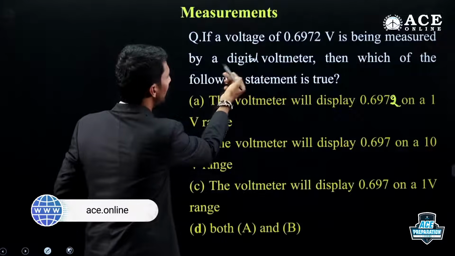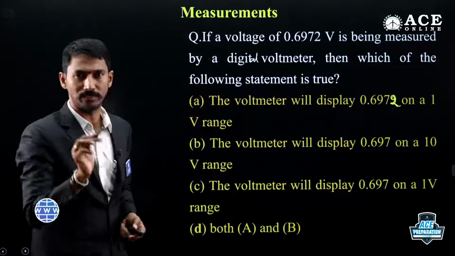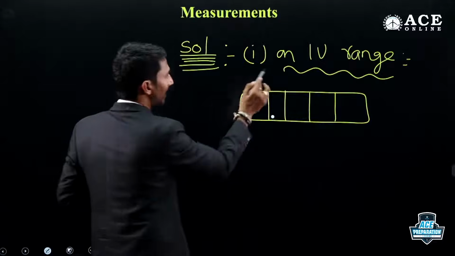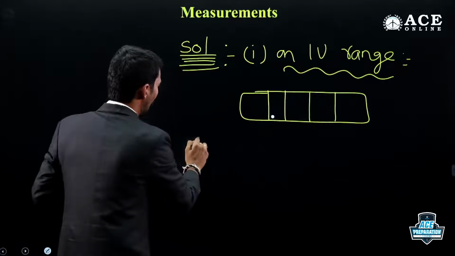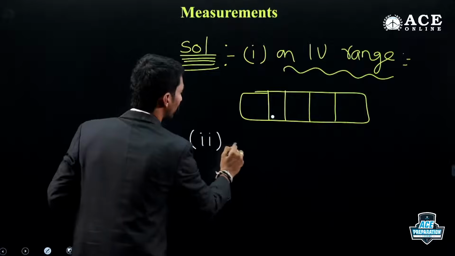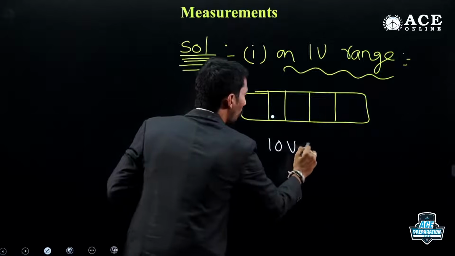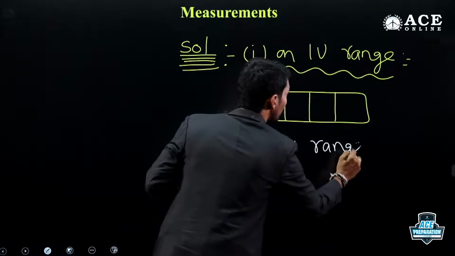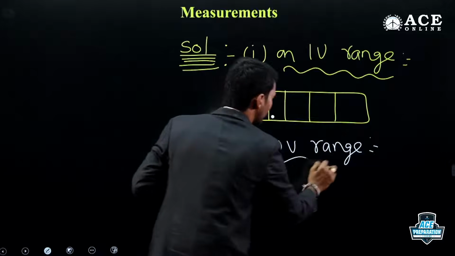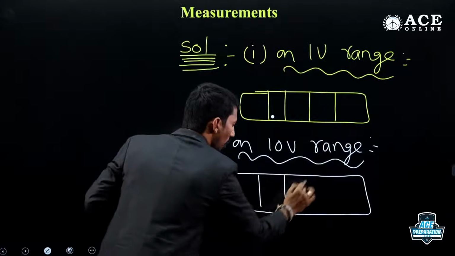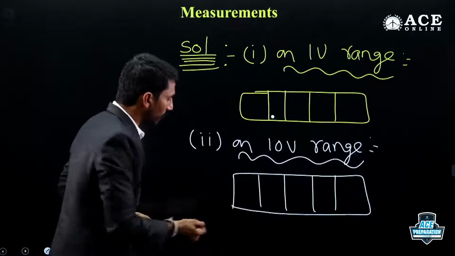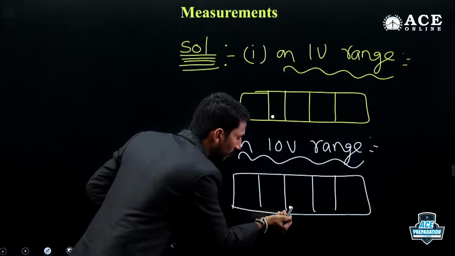Actually it is not given; it is missed, but it is a 4.5 digit number only. So what is the value now? On the 1 volt range, the decimal point will be here, and on the 10 volt range, the decimal point will be here.